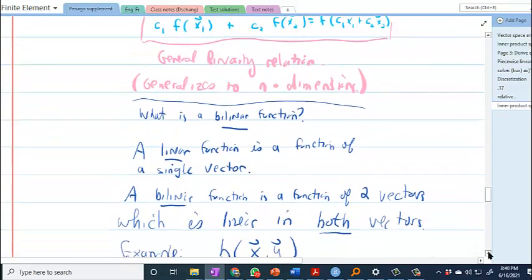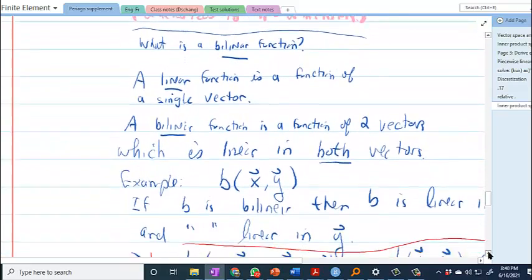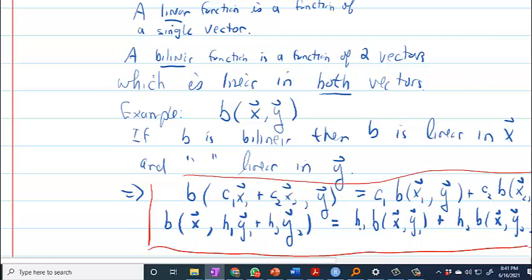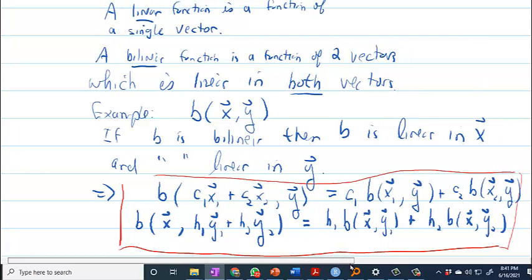Right. Now, bilinear, as I said, is not just a function of a single vector, but a function of 2 vectors. And a bilinear function is linear in both of the vectors separately. So I really can have 2 relations here.